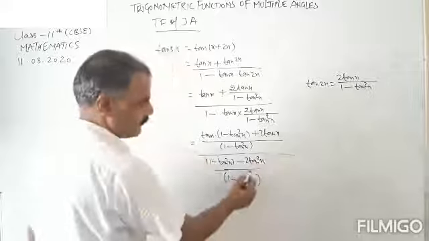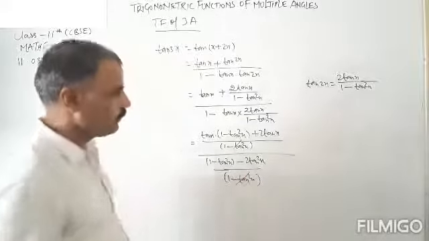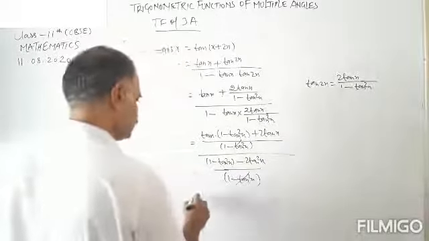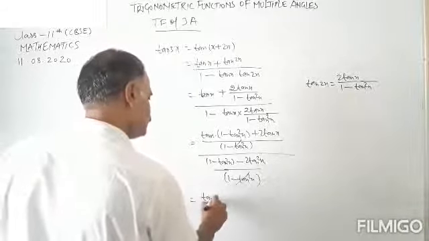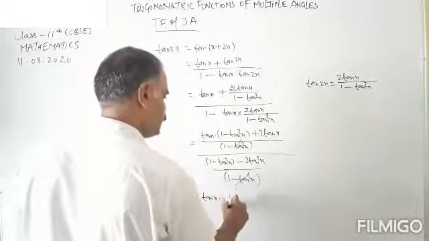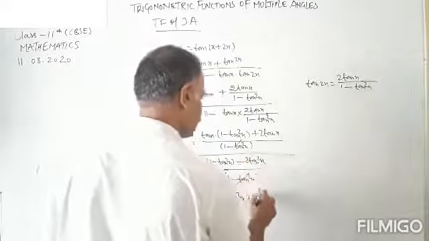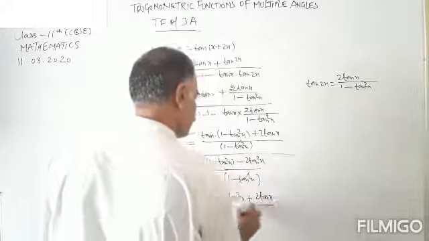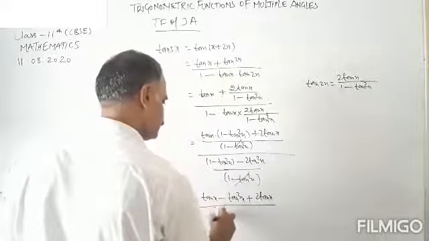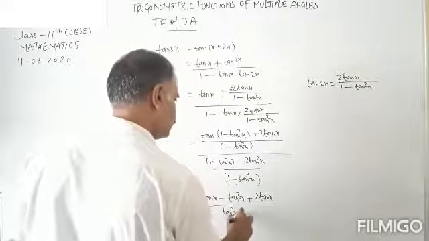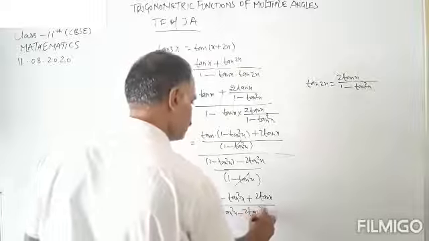This LCM will cancel this. So finally this is equal to tan x minus tan cube x plus 2 tan x upon 1 minus tan square x minus 2 tan square x.